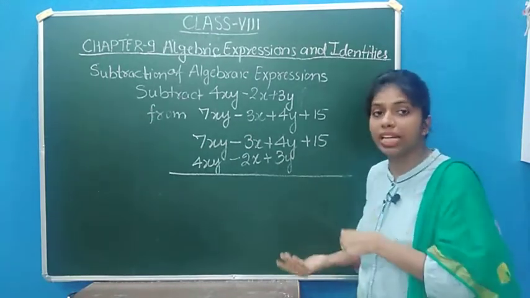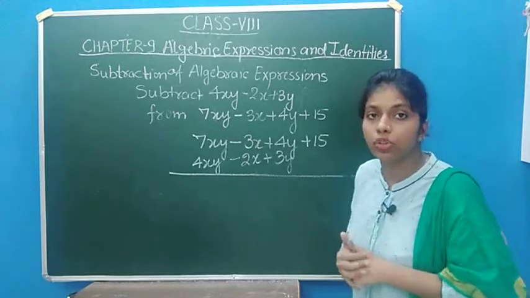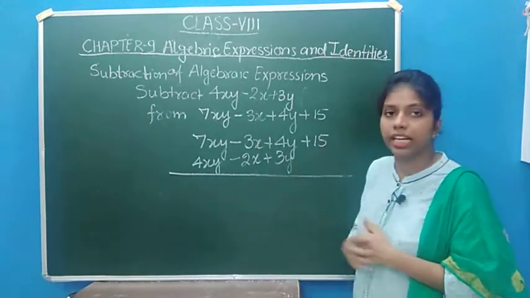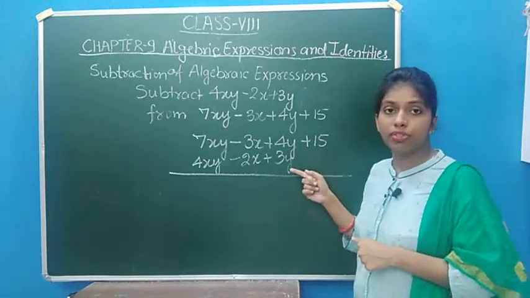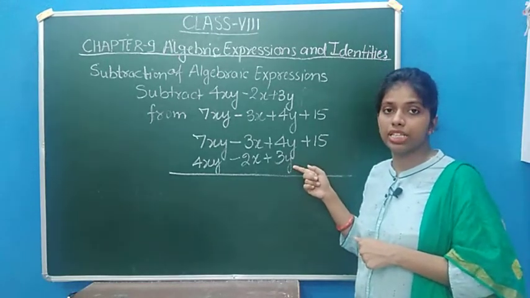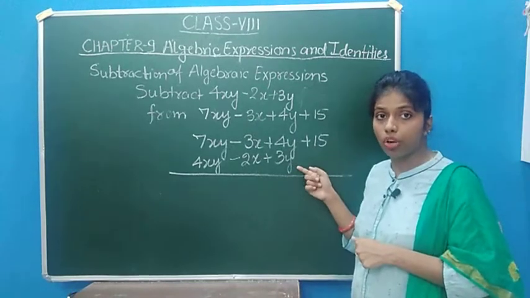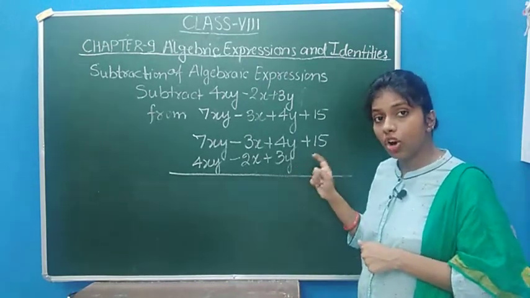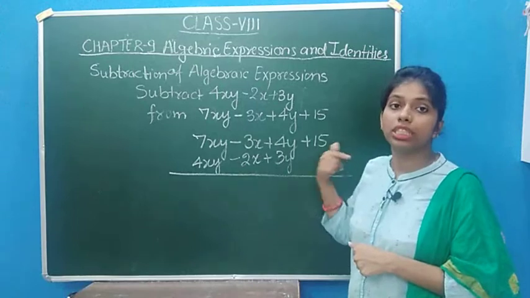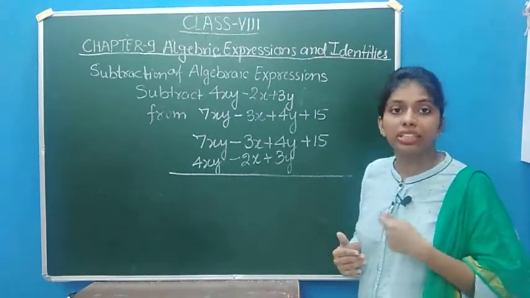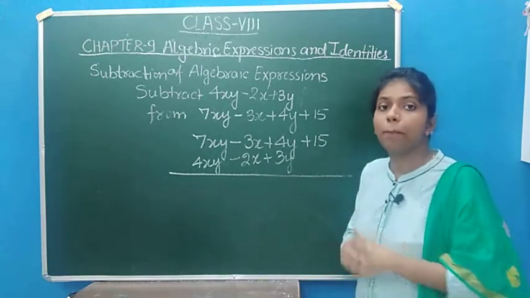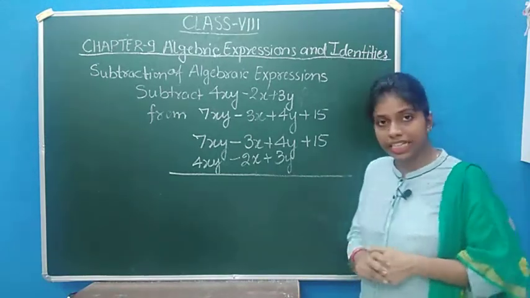Plus becomes minus and minus becomes plus. In the same way here in this subtraction, the sign of this second expression which we wrote below is going to be changed, meaning all the positives become negative and all the negatives become positive. So let's change the sign.